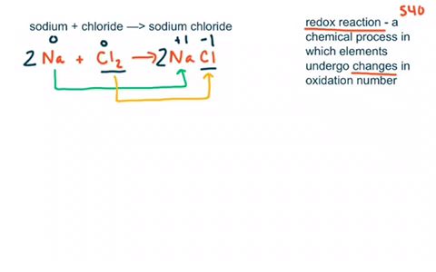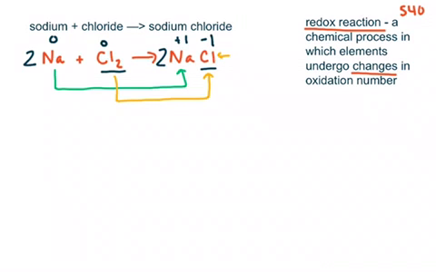So the more negative the oxidation state, the more electrons that are distributed there. If we were considering the compound NaCl, that means chlorine has the greater share, or in this case, since it's ionic, the greater portion of electrons.